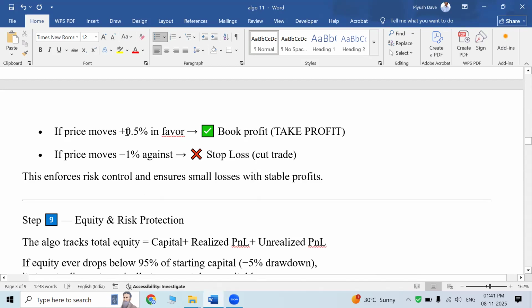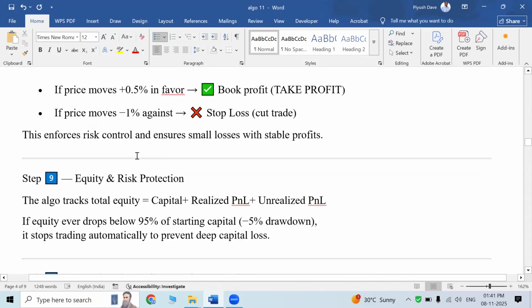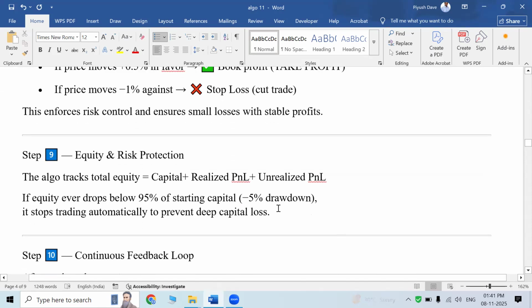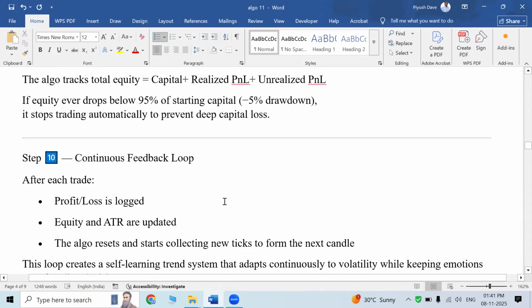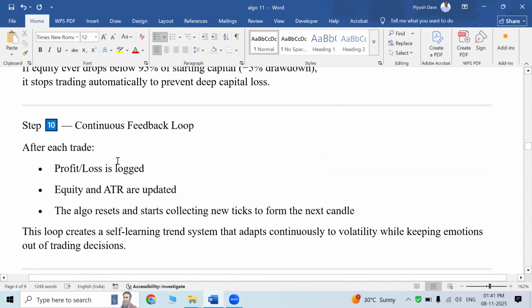If it is in our favor, we will book the profit. In the loss, we will book the loss in each cycle. And if the market is going completely against us, then we are going to stop at 5% drawdown of the capital. This is in a continuous loop. The profit and loss is continuously calculated in each cycle.